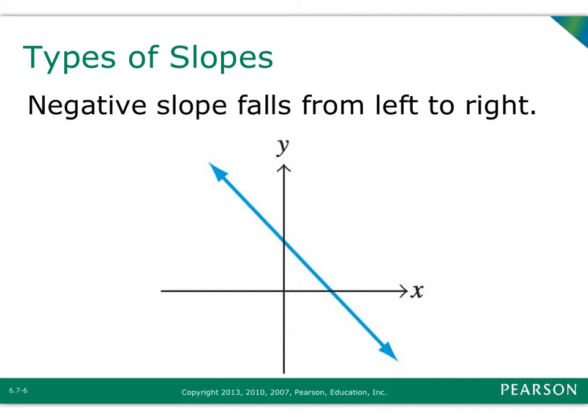If we see a line in this form, it's a negative slope that falls from left to right. This means as x increases, y decreases, and that means that m is less than 0.